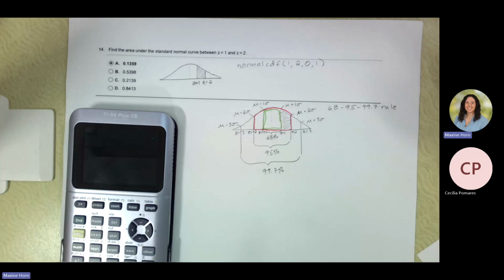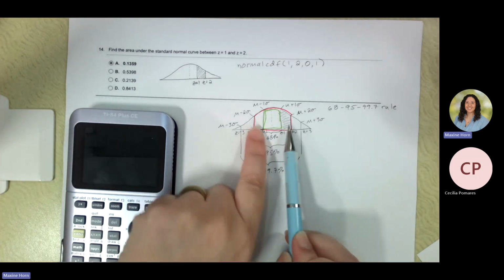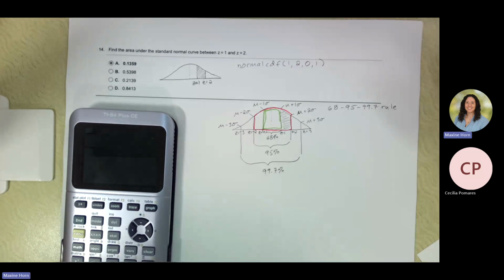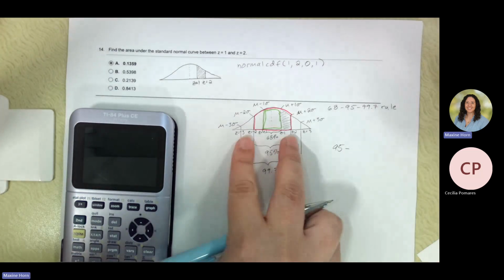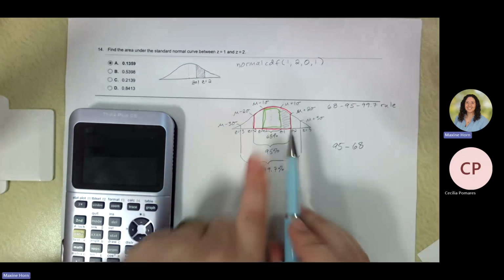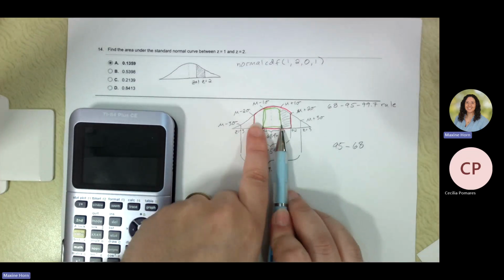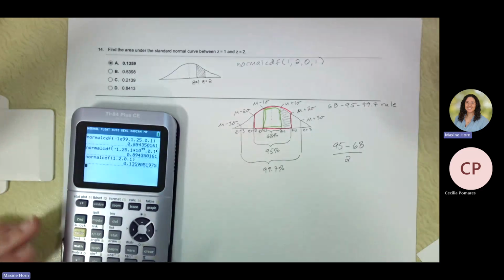If I take that and cut it in half, because half lives over here and half over here, I'll get this area. So that's the difference between 95% and 68%. That's going to give us these two sections right here, but I only want one of them, so I'm going to divide it by 2.